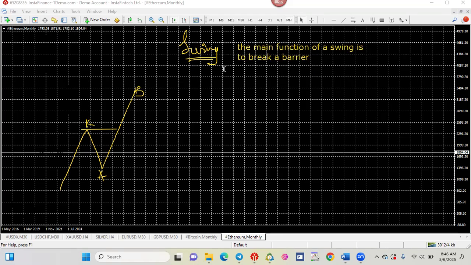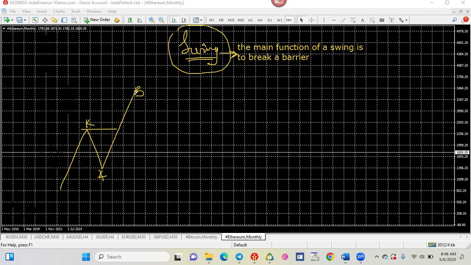That being said, the main function of a swing is to break barrier. Nothing will happen if this function is not carried out. Nothing.